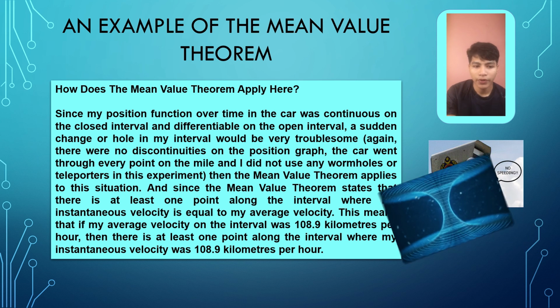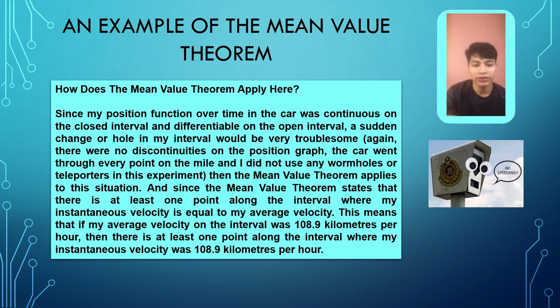Then the mean value theorem applies to the situation, and since it states that there is at least one point along the interval where my instantaneous velocity is equal to my average velocity, this means that if my average velocity on the interval was 108.9 km per hour, then there is at least one point along the interval where my instantaneous velocity was 108.9 km per hour.